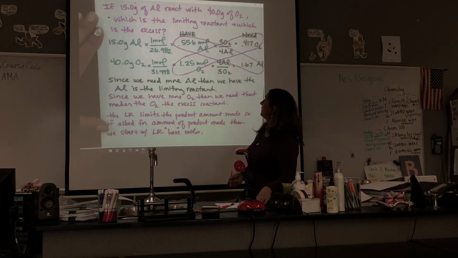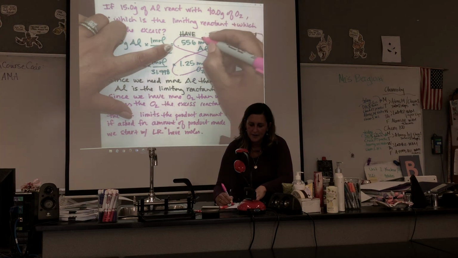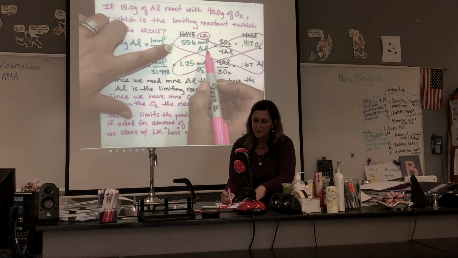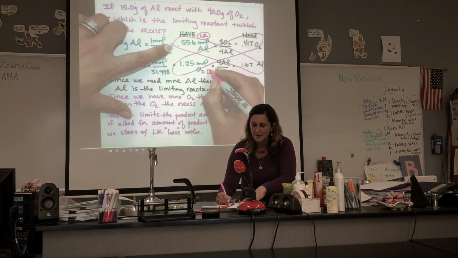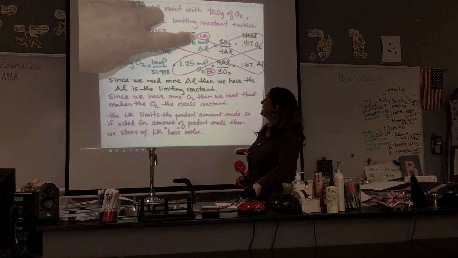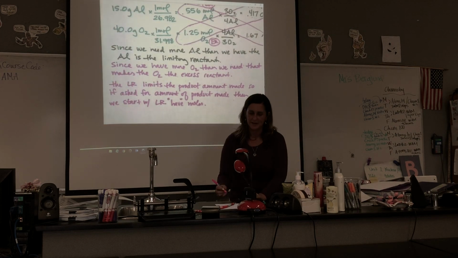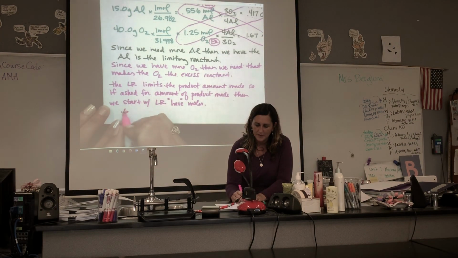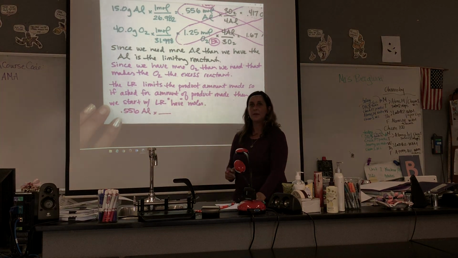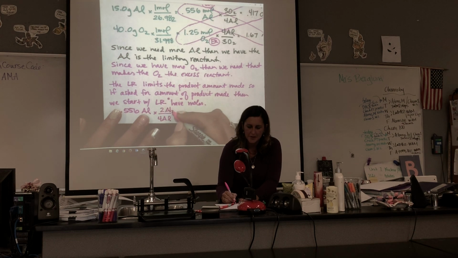So we would look up here and say, all right, we have identified the aluminum as the limiting reactant and the oxygen as the excess reactant. We would bring this limiting reactant number, the 0.556, down here, and we would start with 0.556 moles of aluminum, and then go right into our mole ratio of 4 aluminums and 2 aluminum oxides.